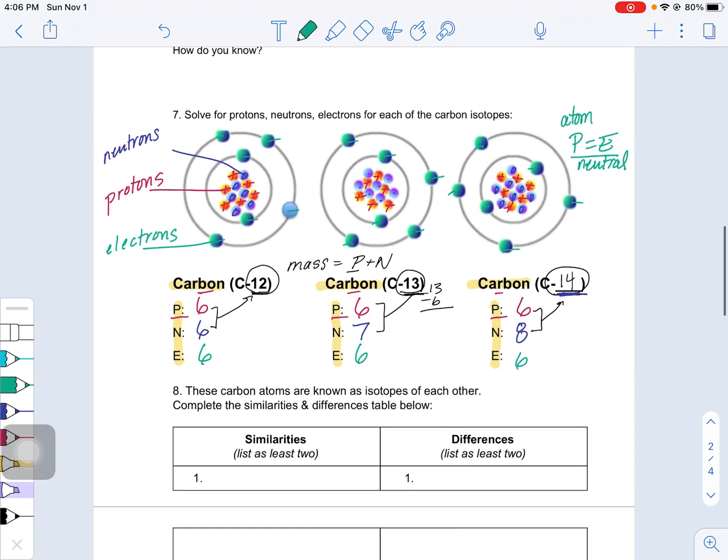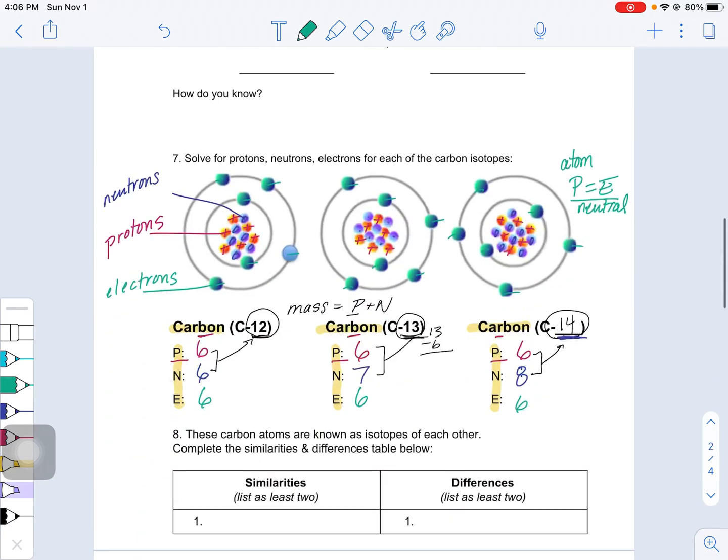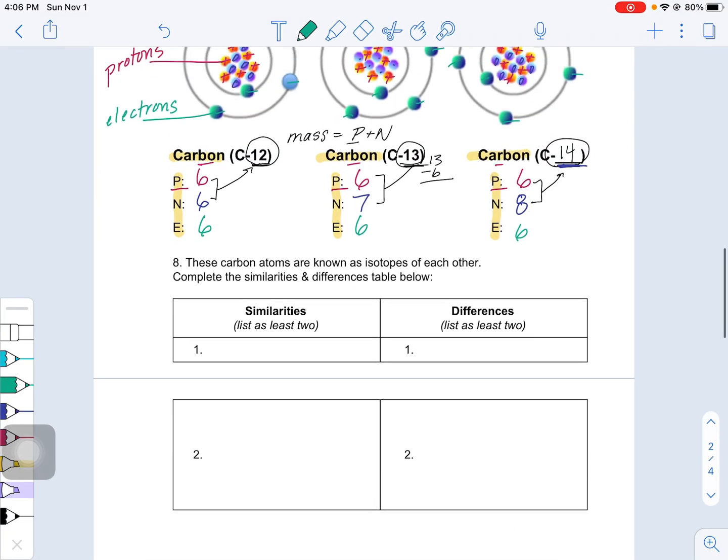Now, when we think about overall similarities and differences between isotopes of an atom, we're looking for 2 things that are the same across the board and 2 things that are different across the board. So the biggest thing to really think about is what makes it carbon, okay?